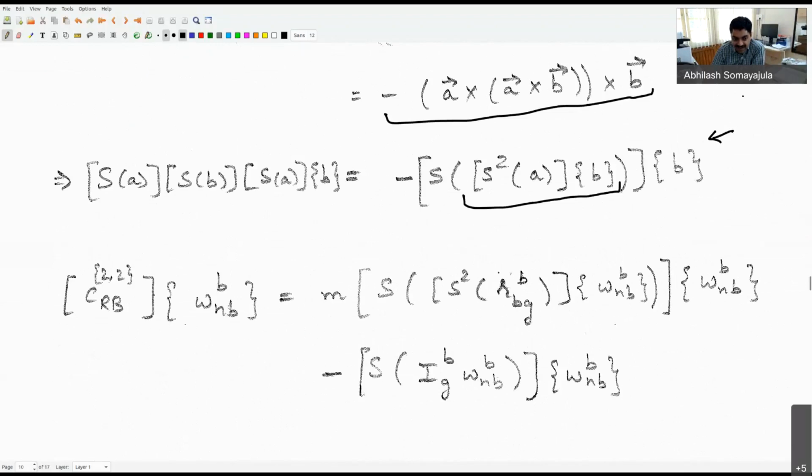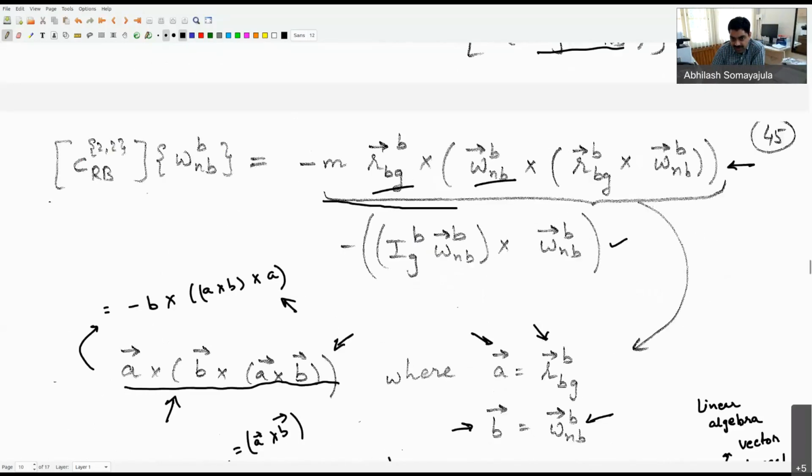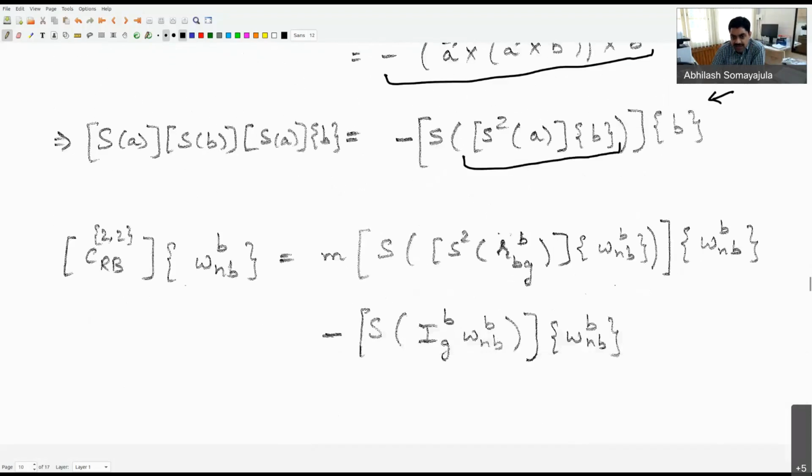So I can in fact write that CRB22 term as M times S of S square R times omega nB multiplied by omega nB. So instead of this product here, I'm replacing that with my new expression.